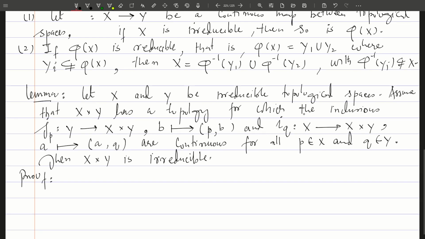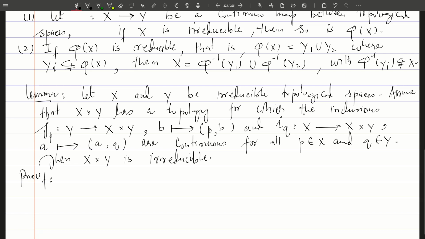So we are given that X and Y are irreducible topological spaces, and we have a topology on the product X times Y with respect to which the maps j_P and i_Q, defined like this, are continuous for all P and Q in X and Y respectively.